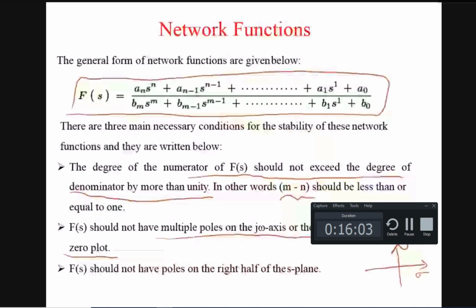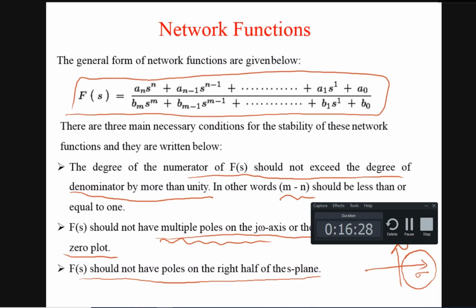So in this case, you should not have multiple poles, double poles, etc., on the j omega axis. And then F(s) should not have poles on the right half of the S-plane. So in the right half of the S-plane also, there should not be any poles.